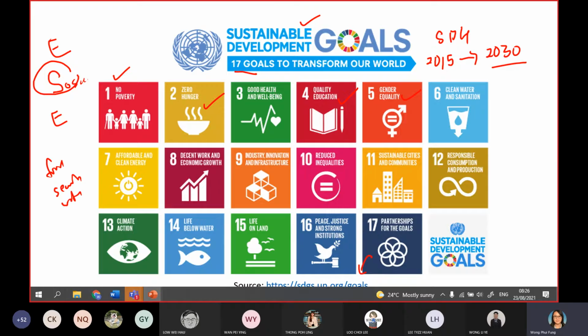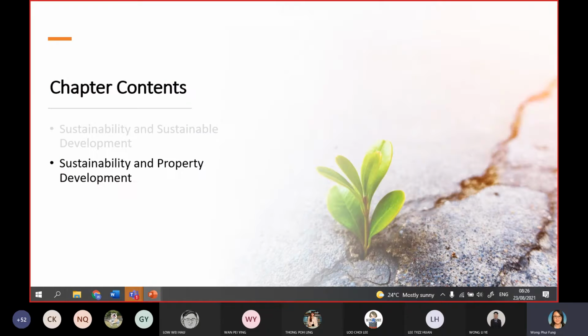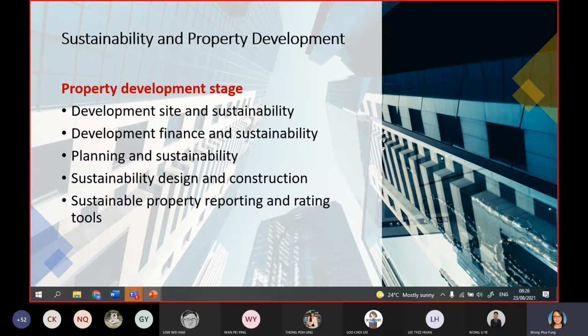Okay, now we come to the important part, which is how we can link sustainability with property development. For this course, we divide it into five important stages. The first is the site, meaning how we can link the land with sustainability.